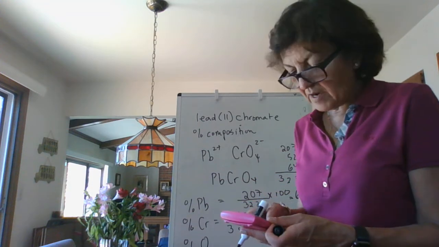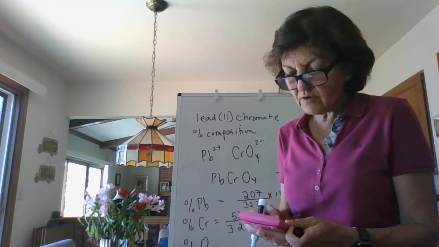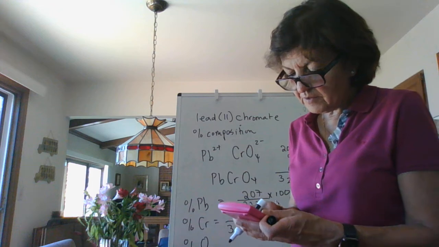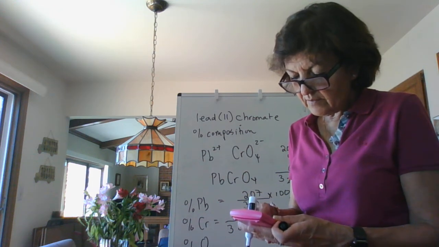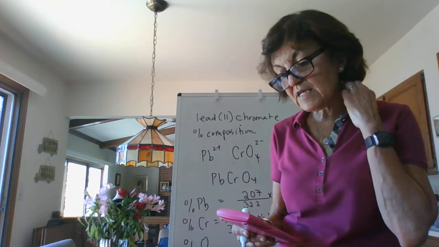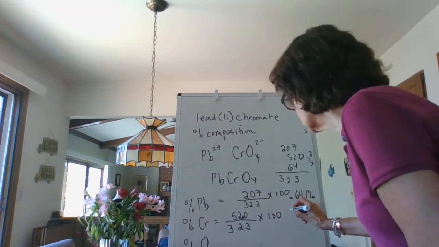So 52 divided by 323, and then you go times 100, and you get 16.1%. Let me double check.